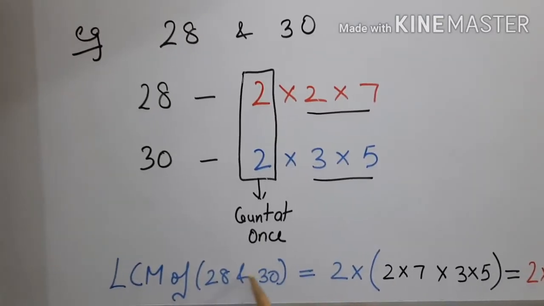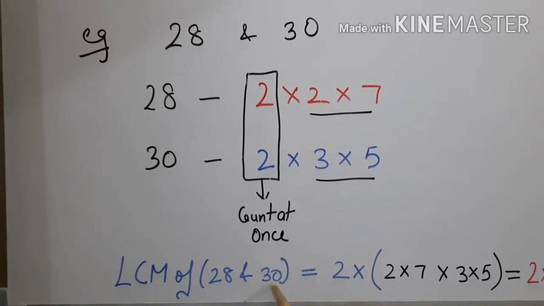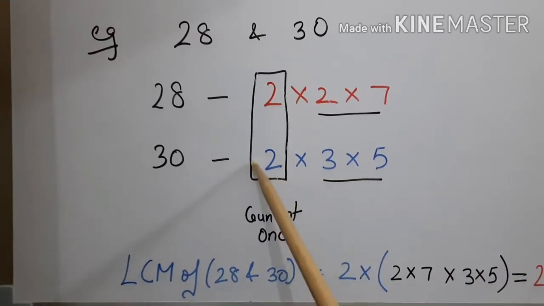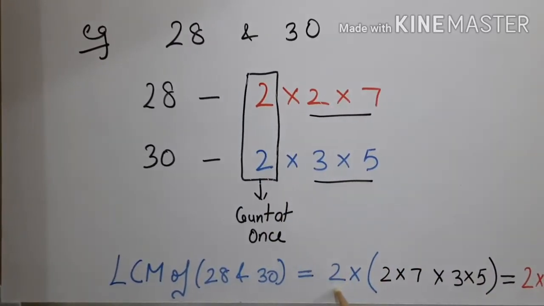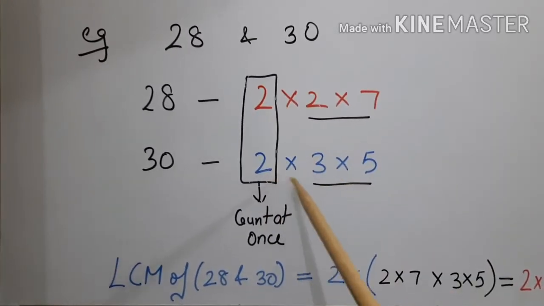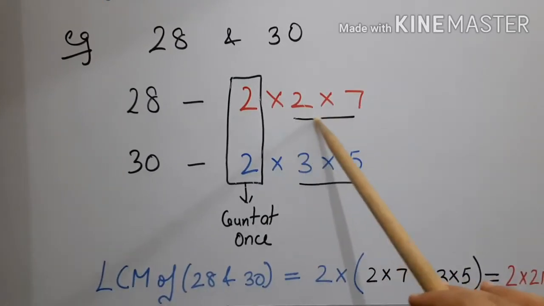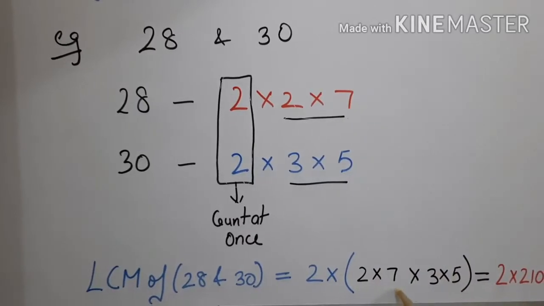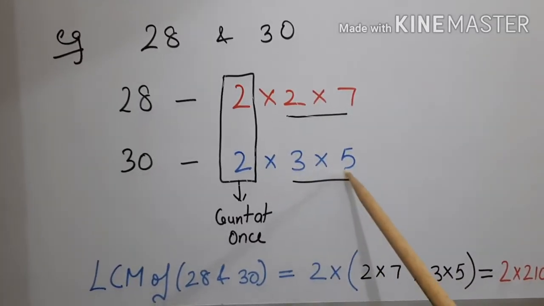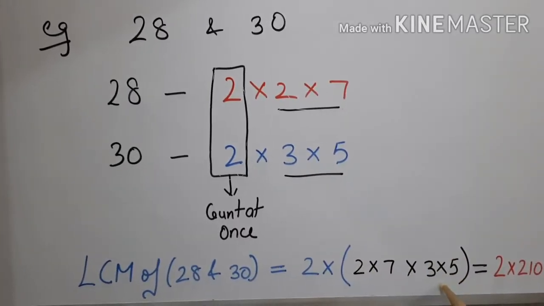When I am going to find the LCM of 28 and 30, we write whatever is common just one time. We don't write 2 multiplied by 2. I just take one 2 instead of 2 2. Then 2 multiplied by 7, and then 3 multiplied by 5.